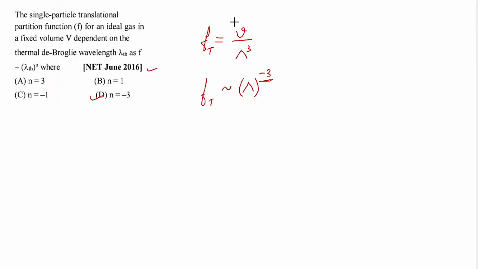Very simple problem that was asked in June 2016. Now moving on to the next problem, this was asked in December 2016, and it says to find the weight of the configuration with 2 up and 3 down spins in a system having 5 spin half particles.